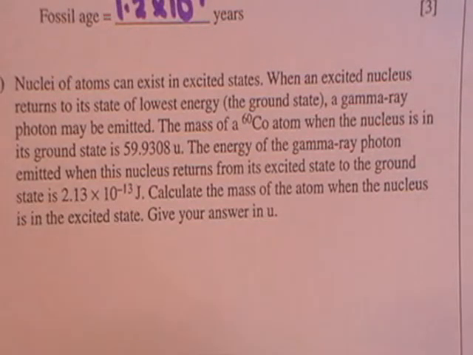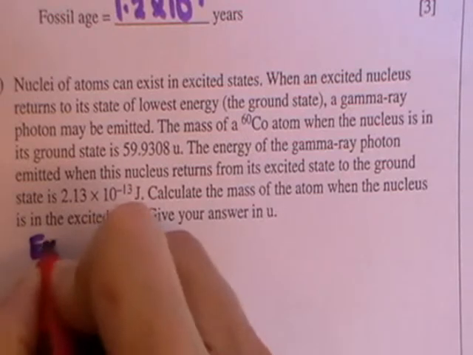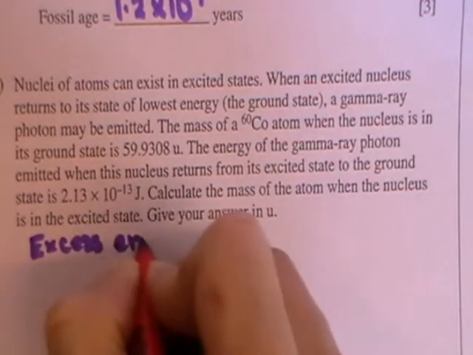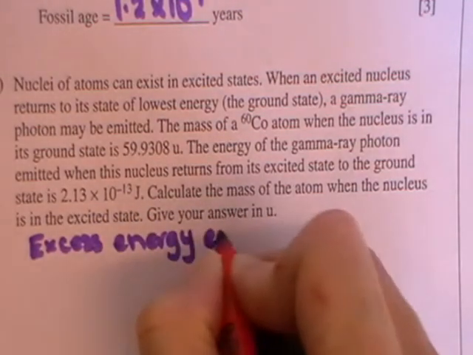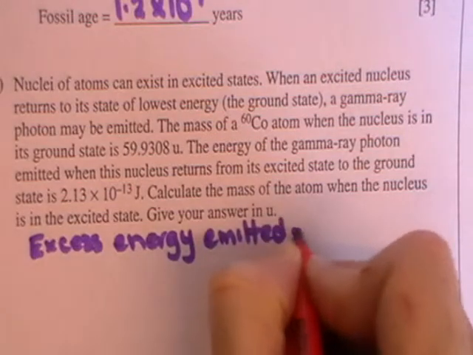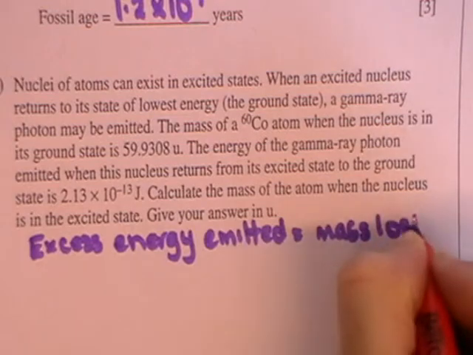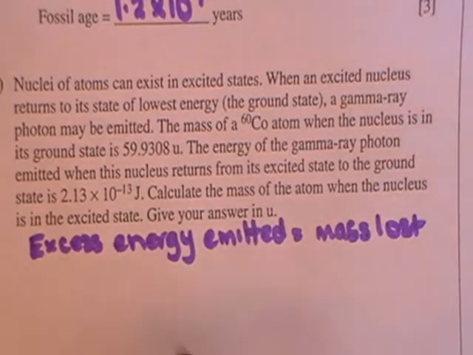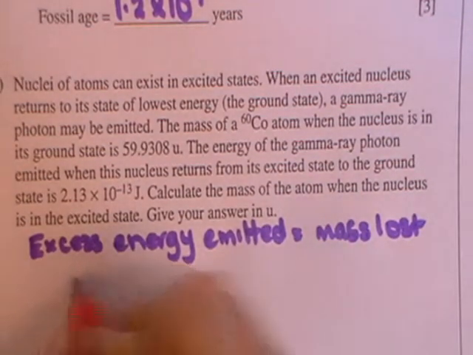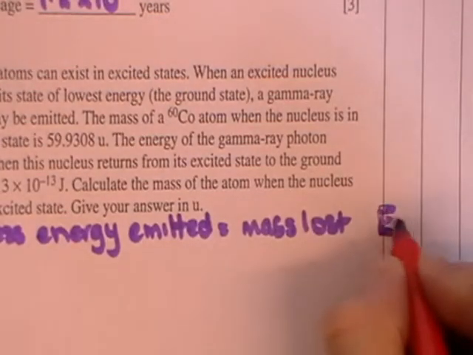So the excess energy emitted is equal to the mass lost. And we use E equals mc squared. So I could just write E equals mc squared. So we're looking for a mass.